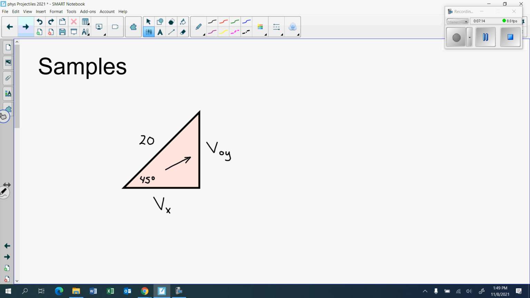So the sine of my angle of 45 degrees is going to be the opposite side divided by the hypotenuse. So my VOY is going to equal 20 times the sine of 45 degrees.